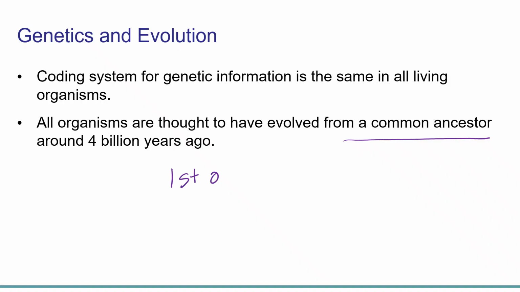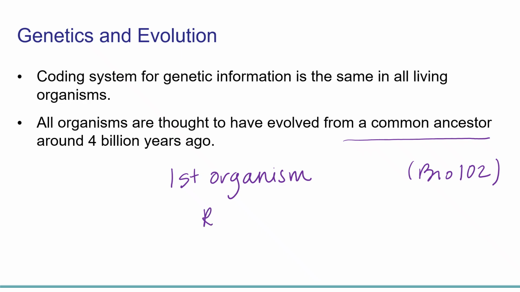So that first organism, whatever that was and however it came about, this would be Bio 102, by the way, just a plug if you haven't taken that one. The first organism would have used either DNA or RNA as its coding sequence.